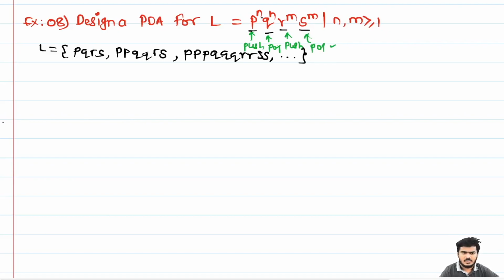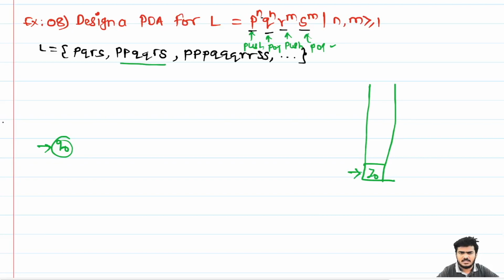So let's try to design the PDA. Initially we are in the q0 state, and here I will draw the stack so that it will be easy for us. The bottom of the stack is z0, and I will take this string, and at the end of the string in a PDA, as we have seen, there is always epsilon, so I am adding epsilon here.